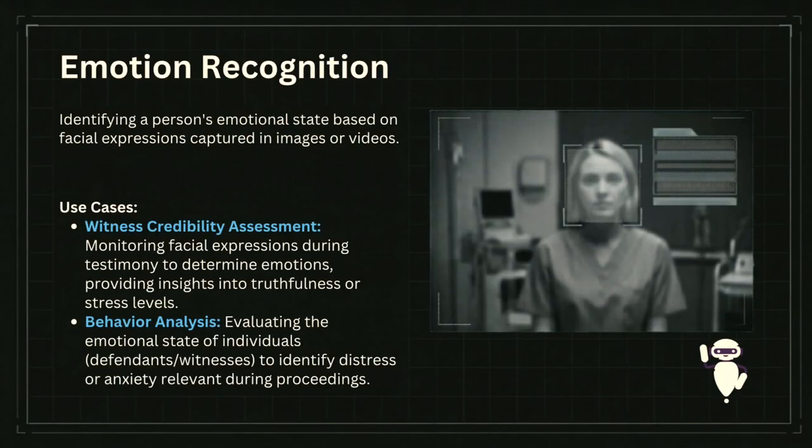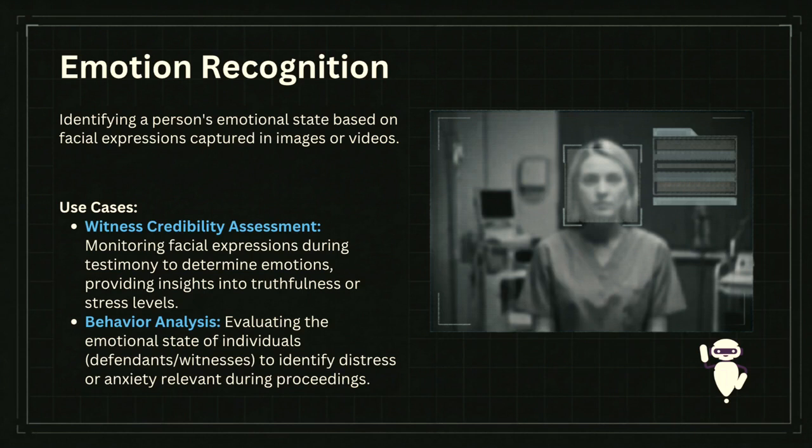Another possible application is emotion recognition. This technique uses micro-expression analysis to assess people's stress and anxiety, or to try to find the truth, whether the person is telling the truth or not.